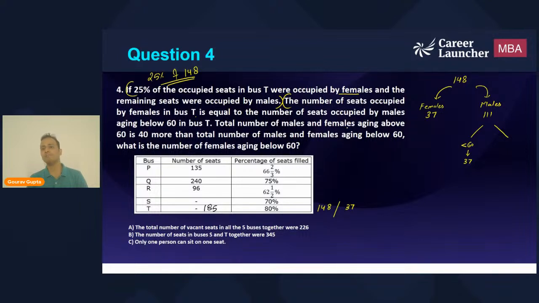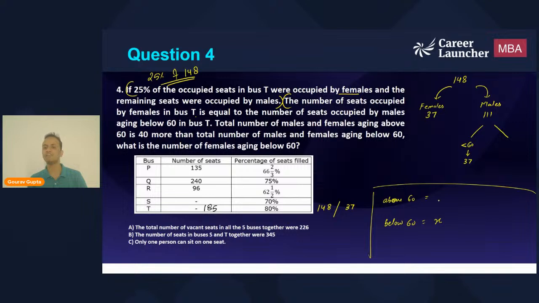Now, total number of males and females aging above 60 is 40 more than the total number of males and females aging below 60.